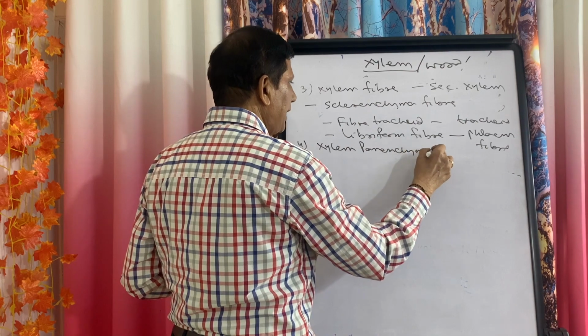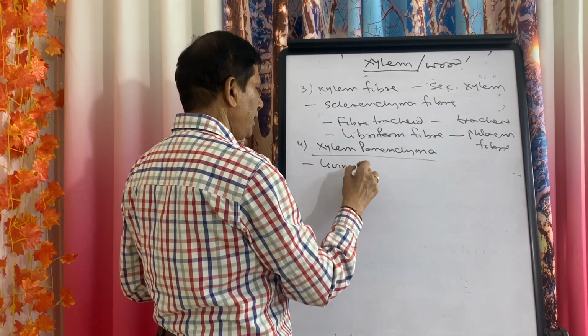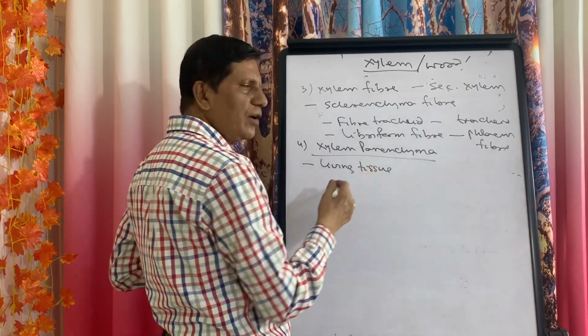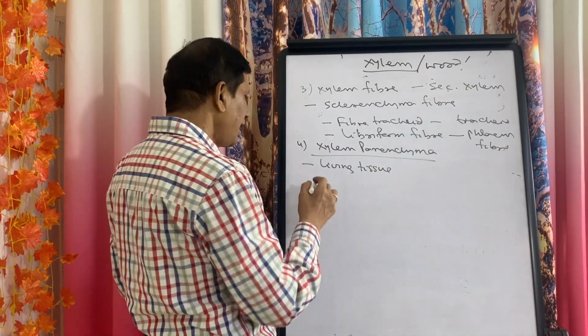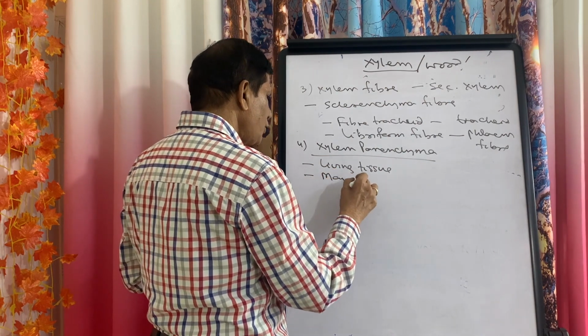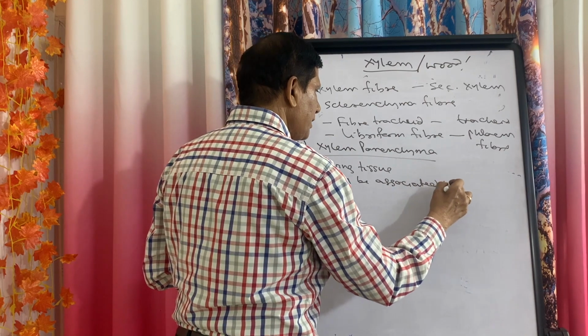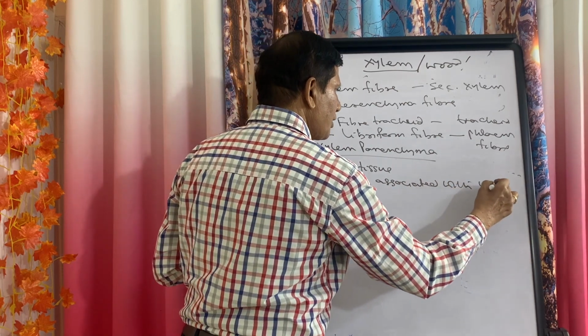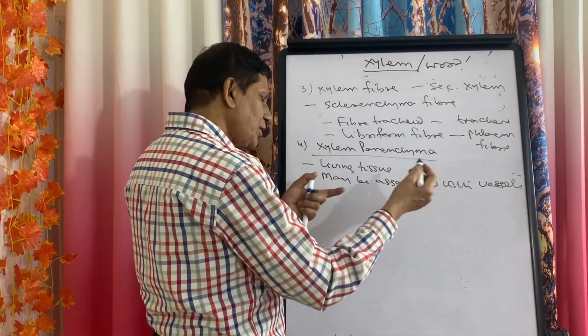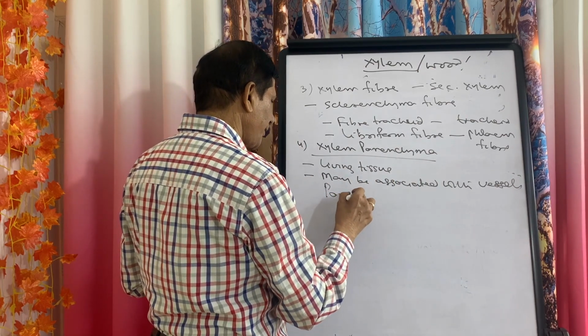Xylem parenchyma is the only living tissue in the xylem because all others are dead. It may be associated with vessels, and if it is associated with vessels, it is known as paratracheal.